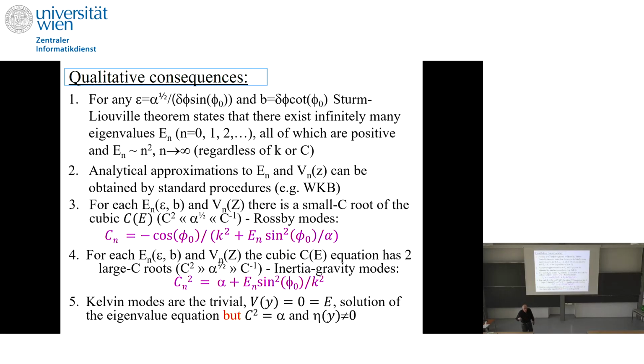Both inertial gravity and Rossby waves, the eigenfunction is the same. Okay? It's the same solution in terms of the eigenvalue problem, only the approximate solution for C is slightly different. I can just write it's 3 roots of a cubic that have these approximate solutions. They're very good, by the way, because the phase speeds are separated from one another very, very well.